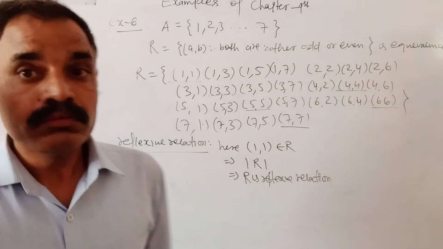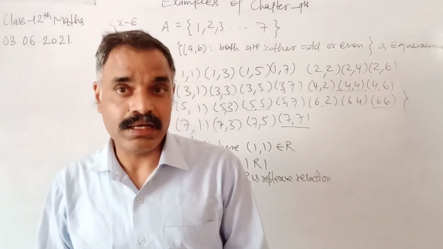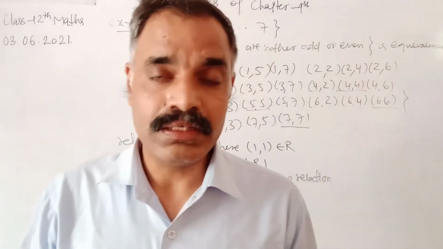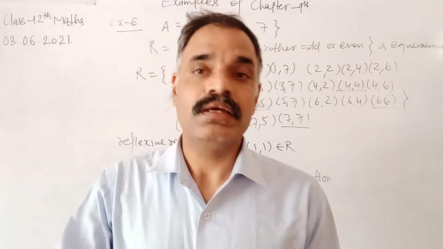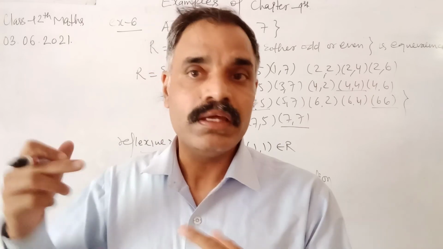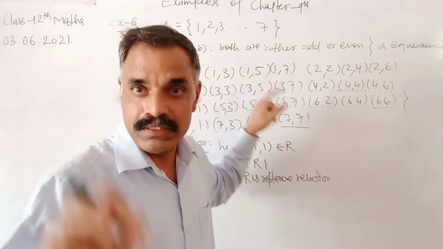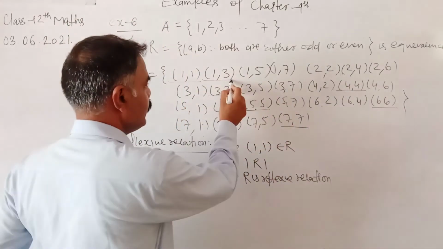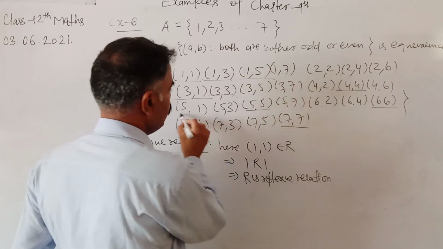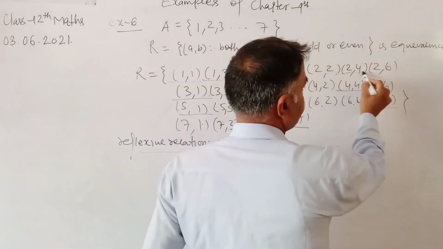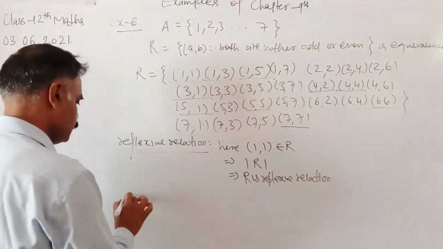Now symmetric relation. In a symmetric relation, two elements are related to each other in such a way that if A is related to B, then B is also related to A. It means if (1, 3) is there, then (3, 1) should also be there. (1, 5) is there, (5, 1) is also there. (2, 4) is there, (4, 2) is also there.